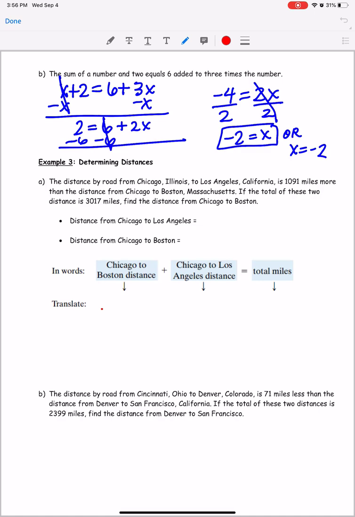So, we've got two different things. We've got the distance from Chicago to Los Angeles and from Chicago to Boston. We need to pick something to represent each of these.